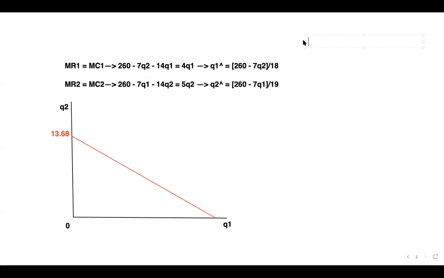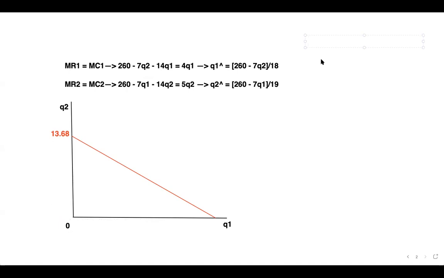And again, this is good work for you all to do, because remember, ultimately what we want to be able to do is compare the competitive equilibrium, the monopoly equilibrium, and the Cournot equilibrium to each other, right?